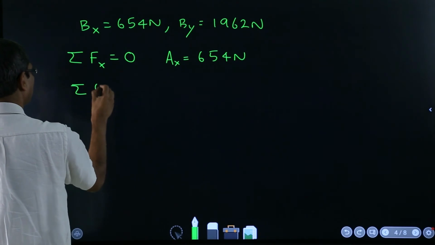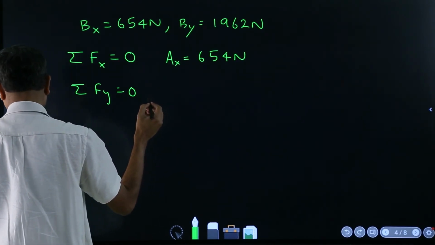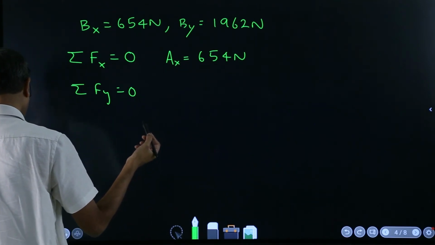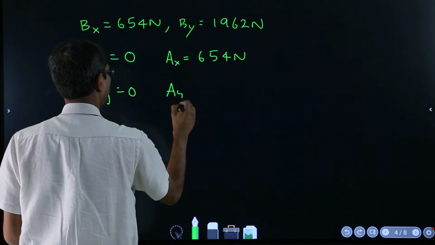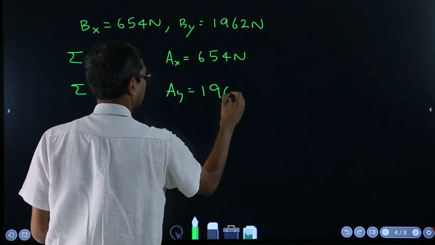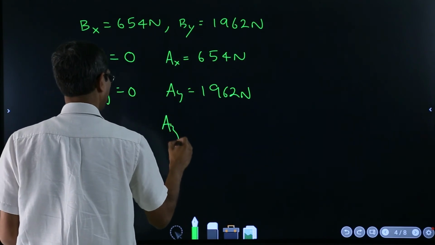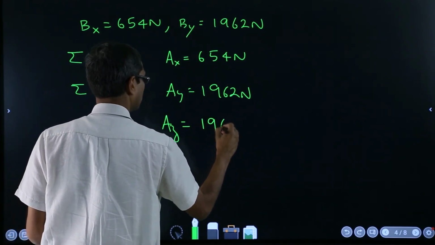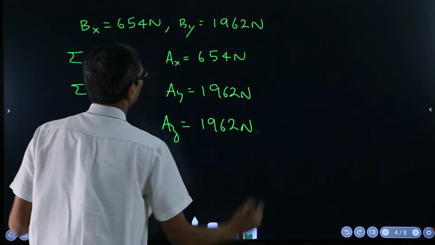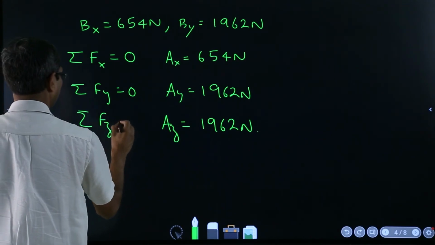Similarly, summation of Fy equal to 0 will give you Ay equal to 1962 newtons, and similarly Az is equal to 1962 newtons, from summation of Fz equal to 0.